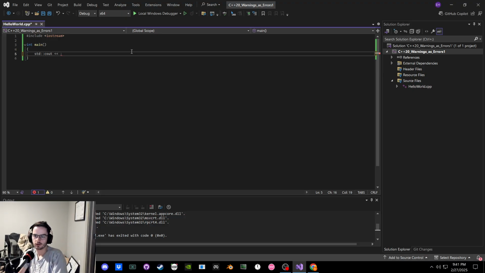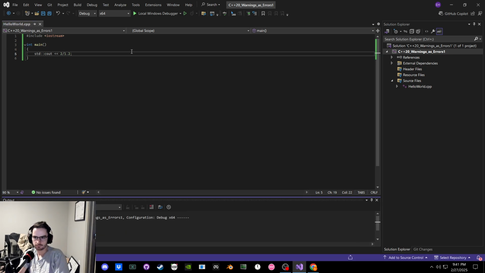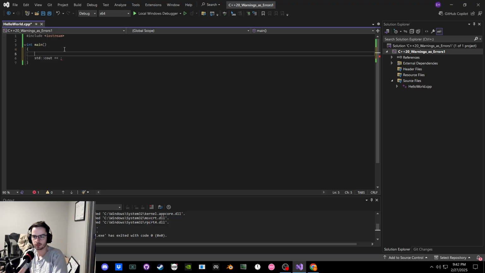If we do 2 divided by 1.2, that's 1 point something. So we just get what? Oh, because it's doing floating point. So instead we'll do x divided by y, and we'll list initialize them as 1.3.